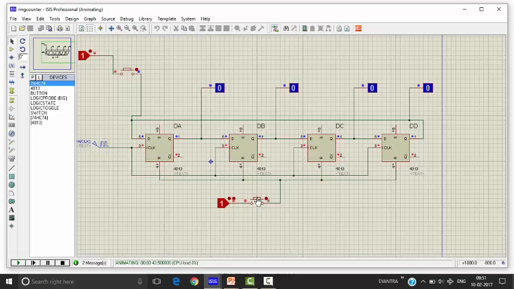If I press this push button, it will reset the whole counter to 0000, and to initialize it again we press this push button again. And this is all about the simulation. Now we will stop it. After that, again our PPTs.